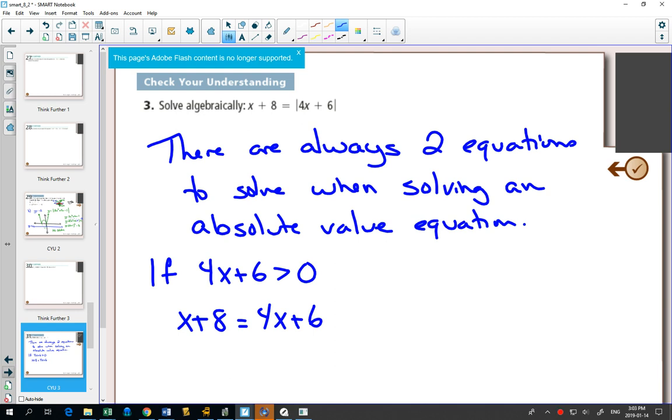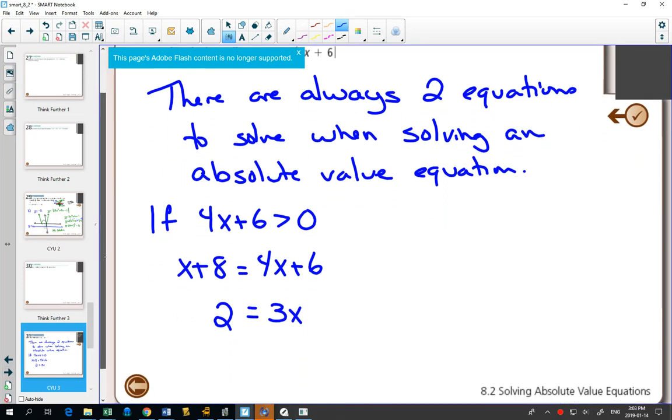And you change it back into a grade 9 question for solving. How do I solve 4x plus 6 equals x plus 8? Well, I put my like terms together, bring the 6 to this side, bring the x to that side. And it's possible that x could be 2/3.